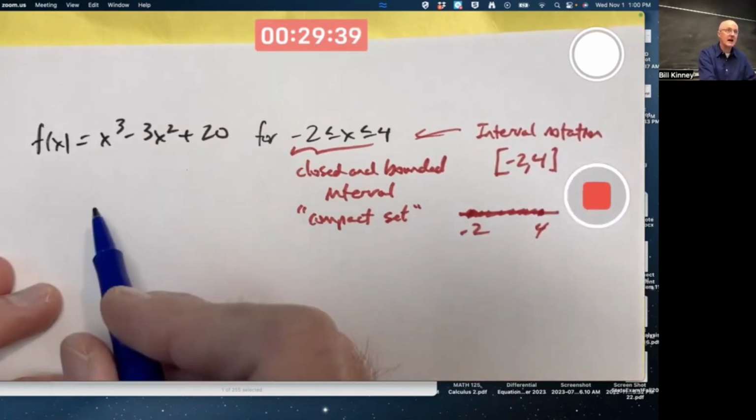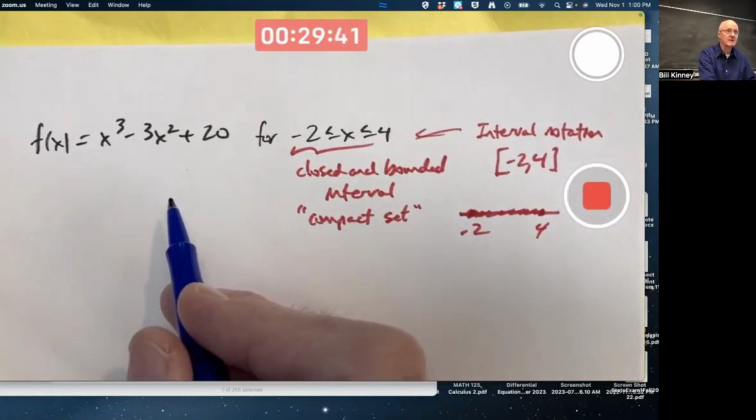This function is a nice function. It's a cubic. You're never dividing by 0. It's nice and continuous everywhere. It's nice and differentiable everywhere.